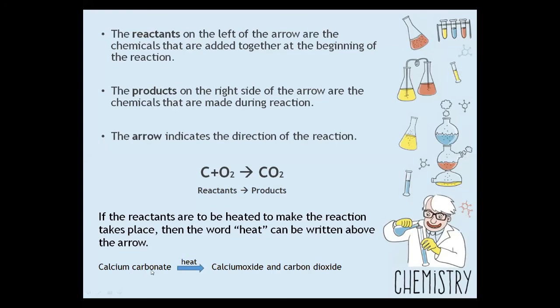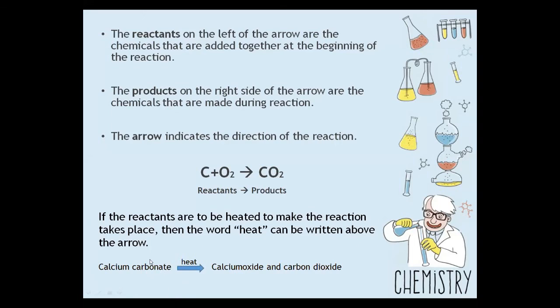Calcium carbonate, limestone. The formula of calcium carbonate is CaCO3. When it is heated, it decomposes into calcium oxide and carbon dioxide, CaO and CO2. It is which type of reaction?